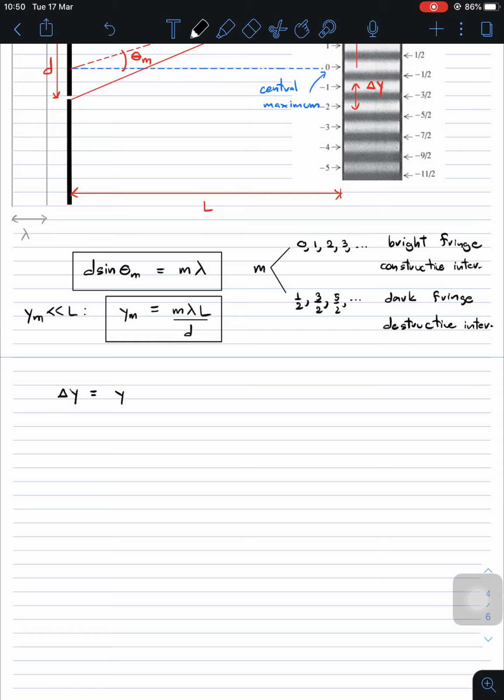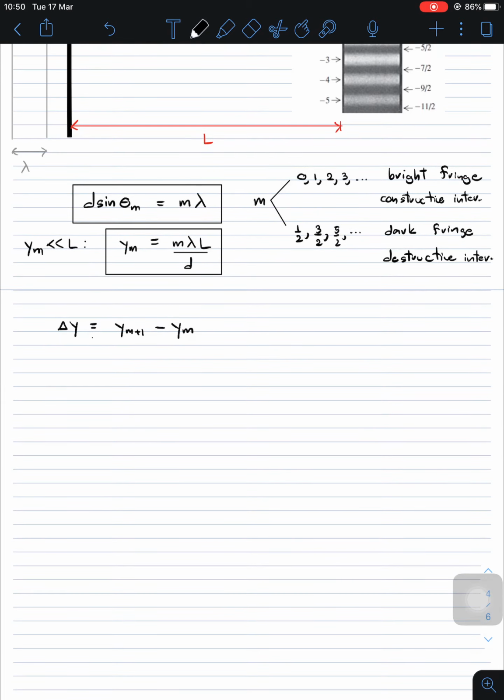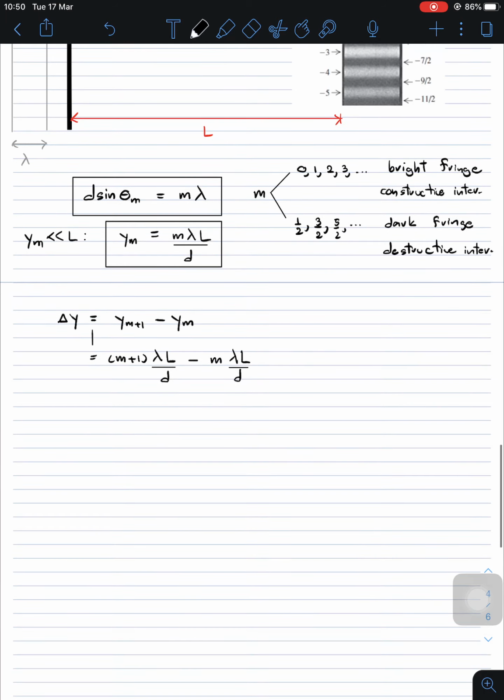Delta y is the y of m plus 1 minus y_m. So it's going to be equal to (m plus 1) times lambda L over d, minus m lambda L over d. If we subtract, we get that delta y is equal to lambda times L over d.